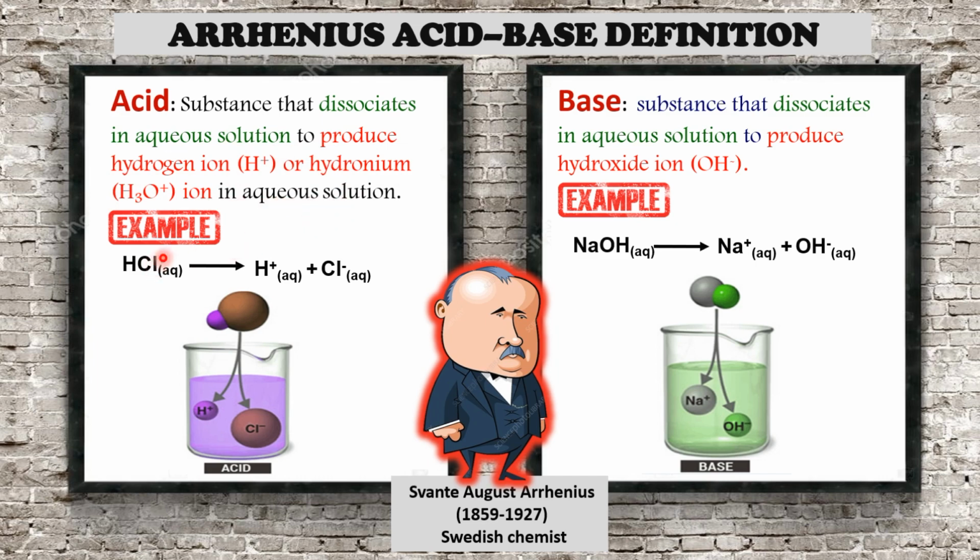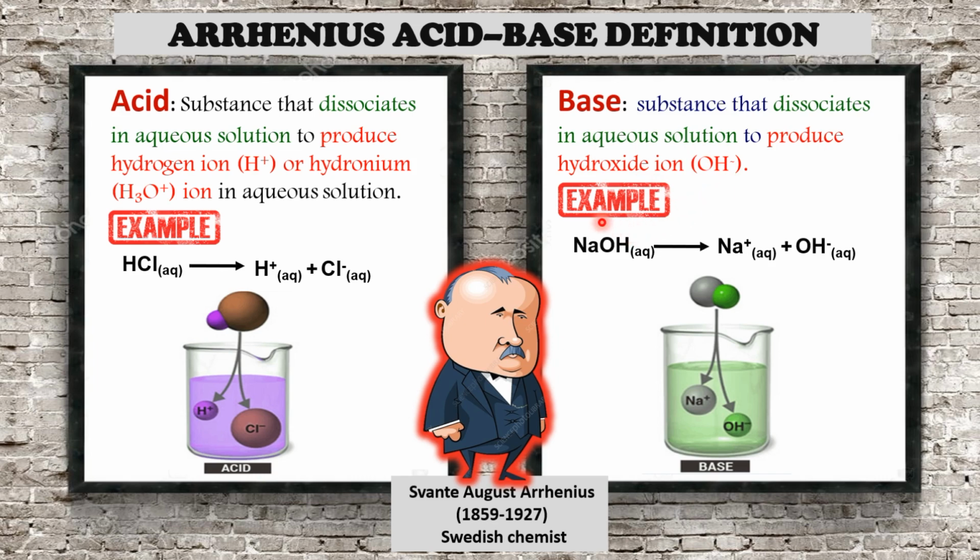For example, when HCl solution dissociates, it will produce H+ ion and Cl- ion. So that's why we consider HCl an acid. While a base according to Arrhenius theory is a substance that dissociates in aqueous solution to produce hydroxide ion, OH- ion.